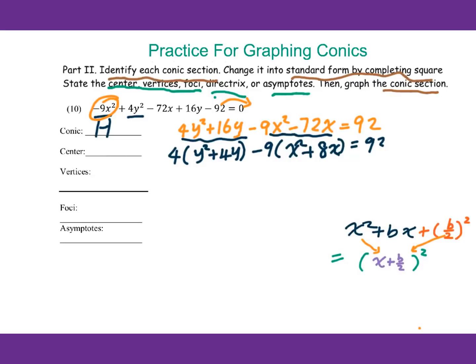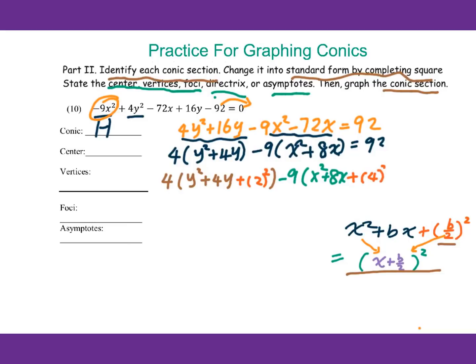The formula for completing the square is to add b over 2 squared. So we got 4 times y squared plus 4y plus b over 2 squared, that's 2 squared. Then minus 9 times x squared plus 8x plus b over 2 squared, which will be 4 squared, equals 92.